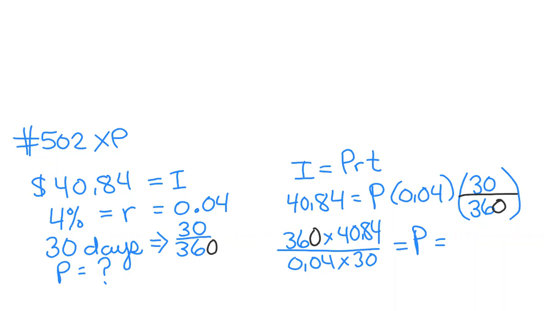Oh, whoops, I was still on the eraser. Okay, let's double check this one, see if this gives us the right answer. Okay, that gives us the right answer. So your book uses the number of days in a year to be 360.